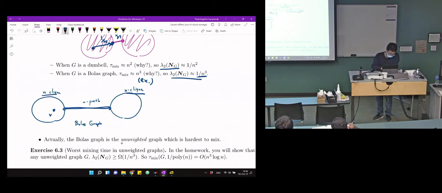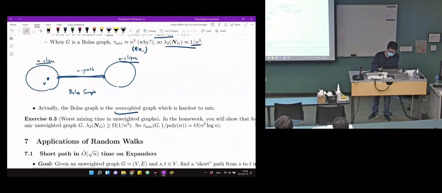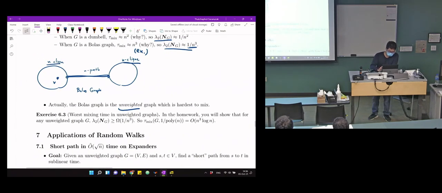But actually, there's something nice to know: among all unweighted graphs, this graph is the one that is hardest to mix. You actually show in the homework that if the graph is unweighted, then lambda 2 is going to be at least 1 over n cubed, so it is not going to be too small.